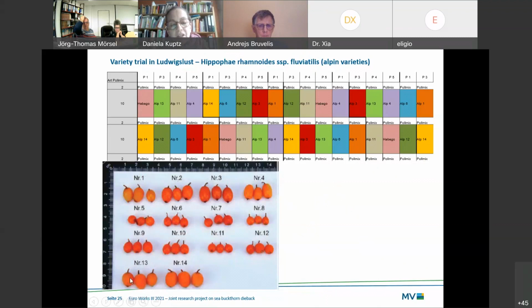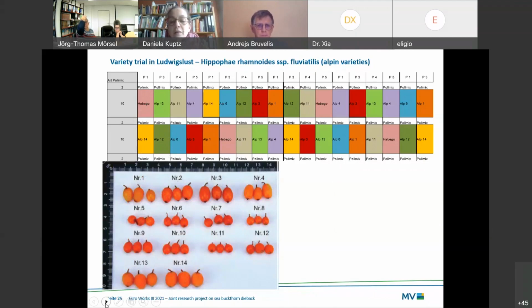So we have here numbered the Alpine varieties. They got very different berry size, and the best out of those we put into the field. In each row we put male and female, and always put 2 different varieties into one row.